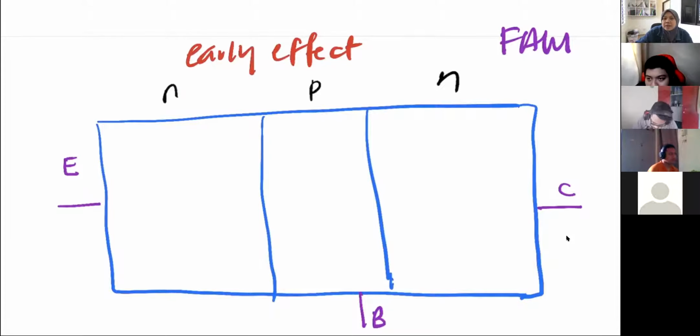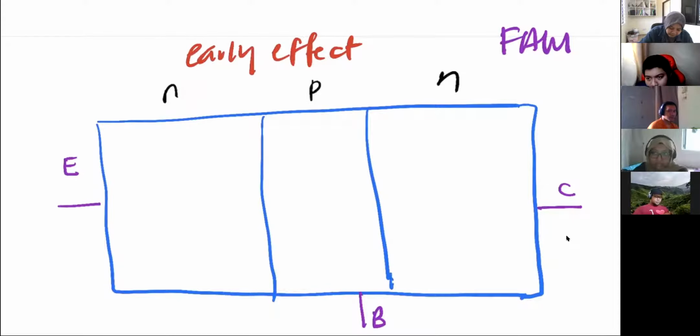How do we bias the base to emitter junction? Forward bias. And the base to collector junction is reverse biased. So we forward bias this junction, which means we reverse bias the other junction, right?